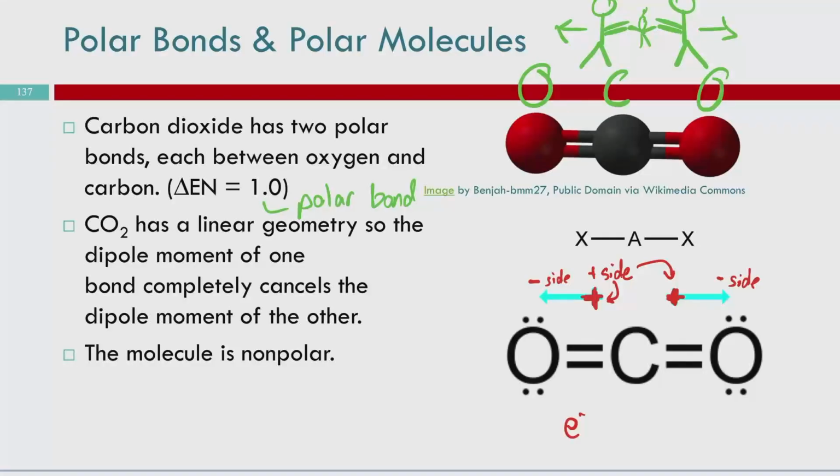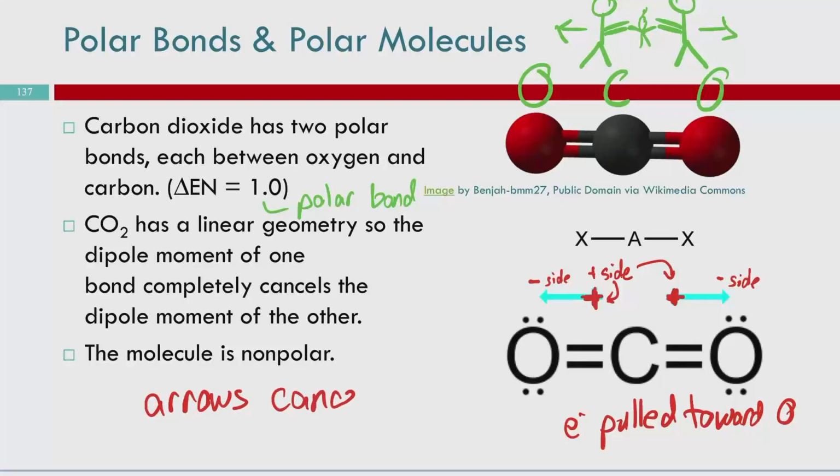So electrons are pulled toward the oxygens, it's pulling out. The arrows that we draw on cancel out. And I'm guessing that we probably are not going to like the arrow method. It works really nice for linear. It doesn't work really nice for something like tetrahedral when we have to expand into three-dimensional space.